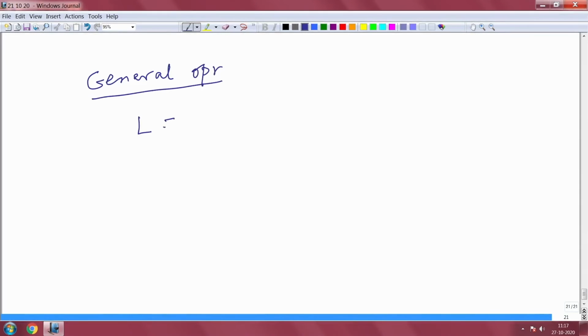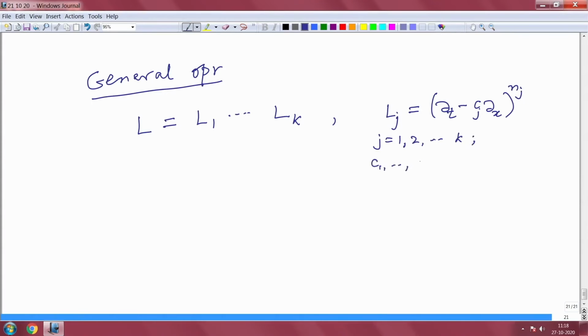So, L is equal to L 1 through L k, where L j is this operator, del t minus C j del x, I put n j, with j equal to 1 to k, and C 1, C 2, C k are real and distinct.